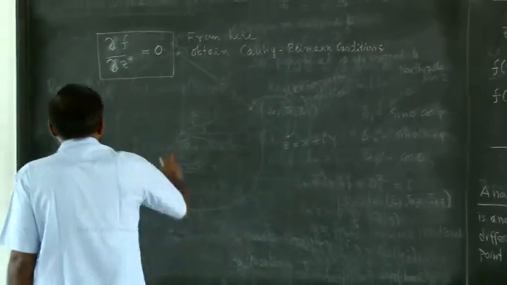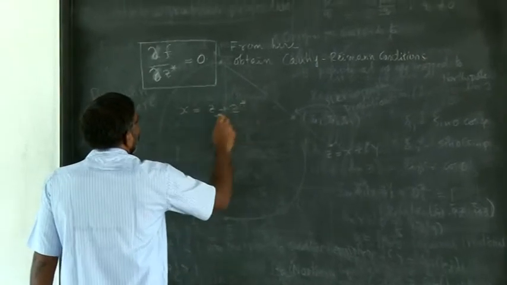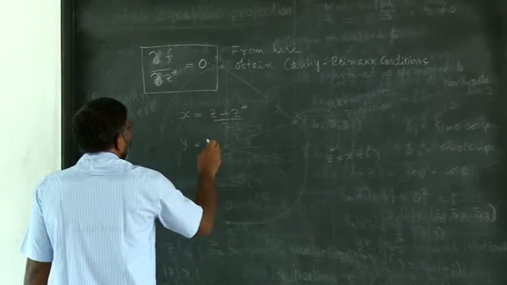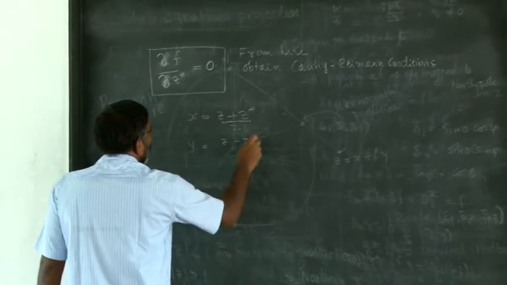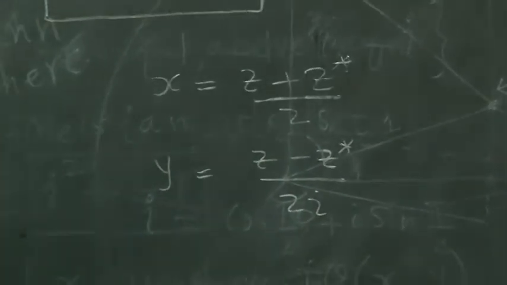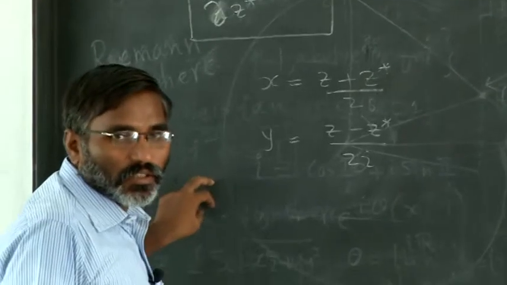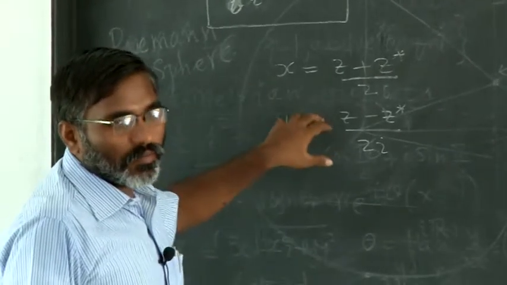You know that x is nothing but z plus z star by 2, y is nothing but z minus z star by 2i, and then del u by del x, which is in the Cauchy-Riemann conditions, you can write them in terms of z star.